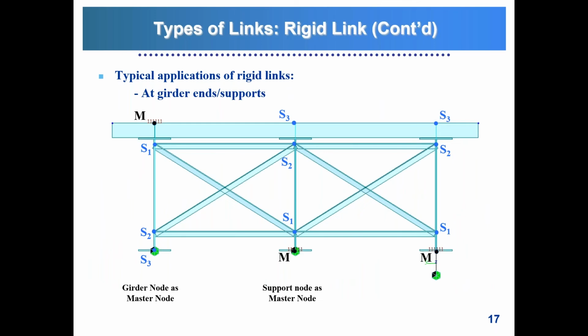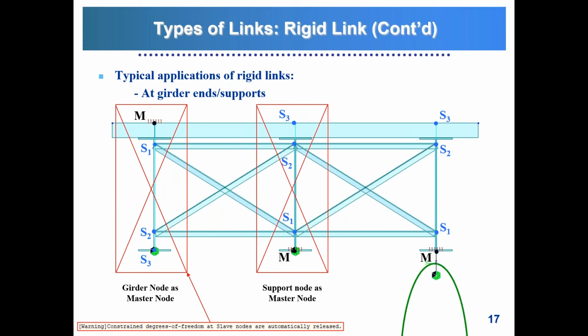Perhaps the most typical application of rigid links is at the ends of the girder when you are modeling your support conditions. So I wanted to show here 3 different configurations that I have seen when looking at different models, 2 of which are not correct, and then the last one is the correct configuration.